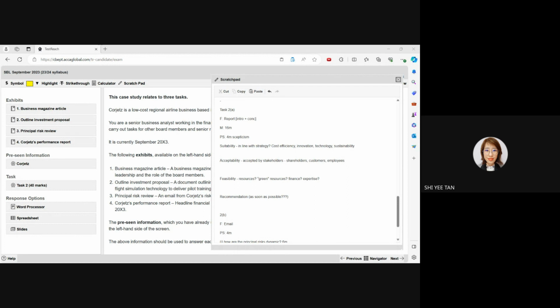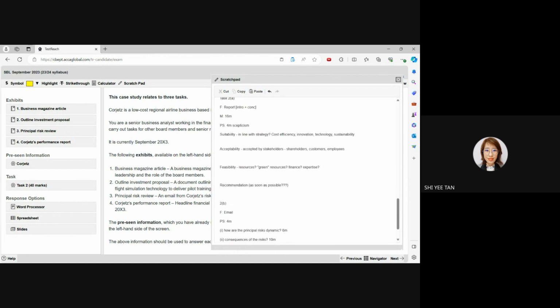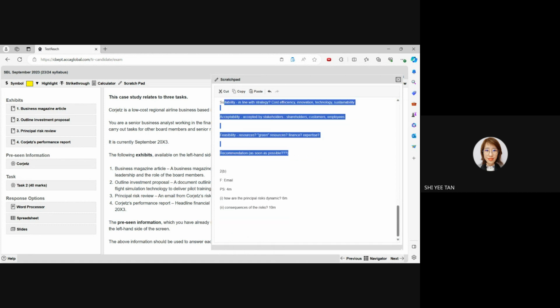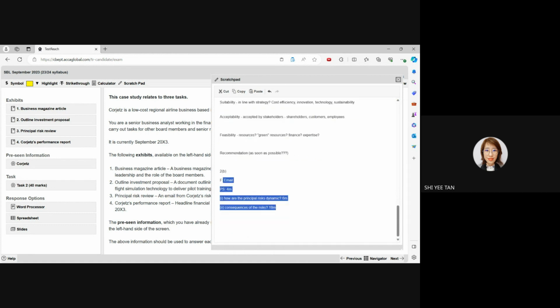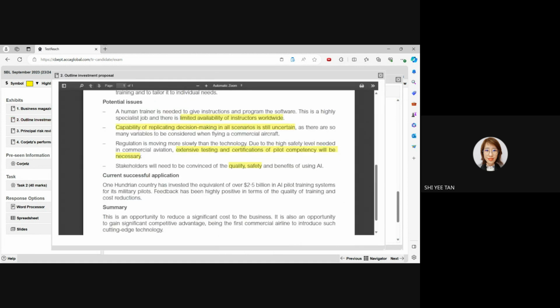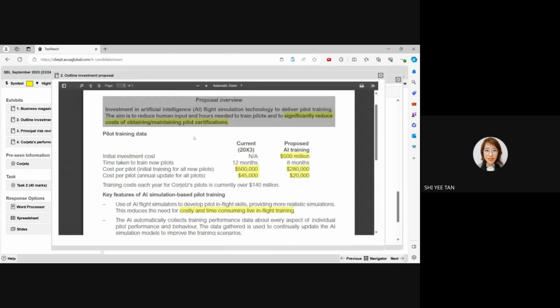So we need to do suitability, acceptability, and feasibility, and then we need to talk about the risk. Let's go to exhibit 2 first, activity 2. Exhibit 2 is about the proposal to invest in artificial intelligence flight simulation technology.